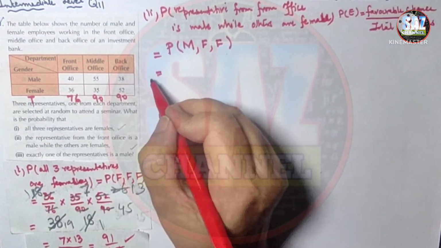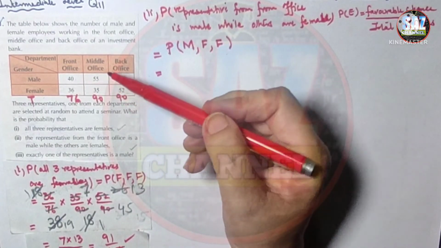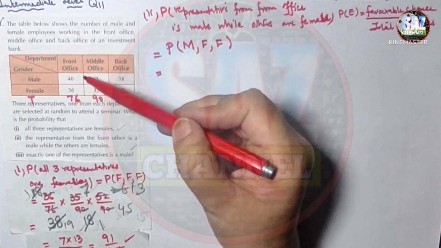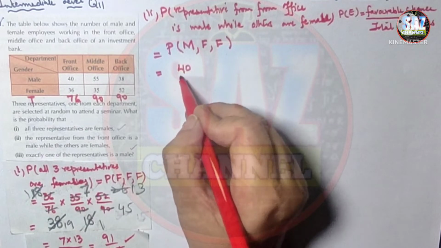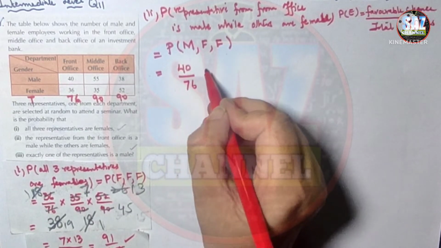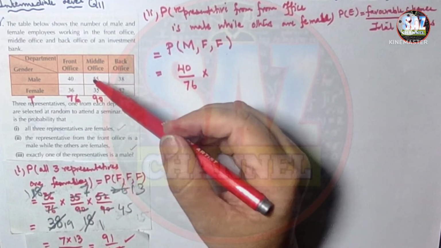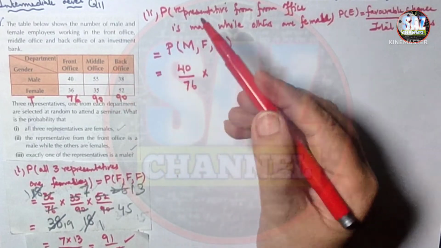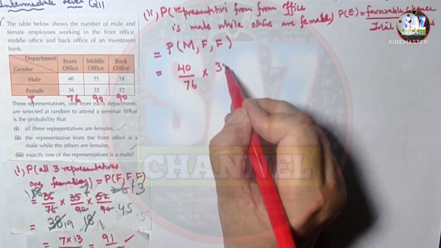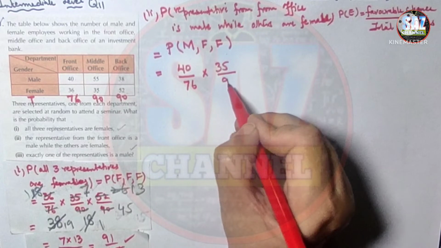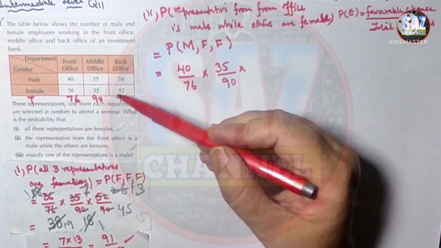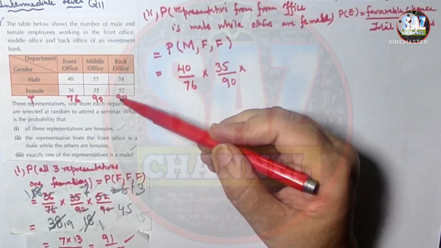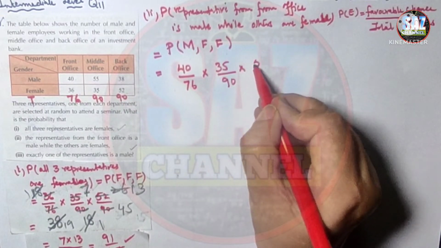Now the choices of male from the front office are 40 by 76. Female from the middle office 35 by 90, multiplied by female from the back office, that is 52 by 90.